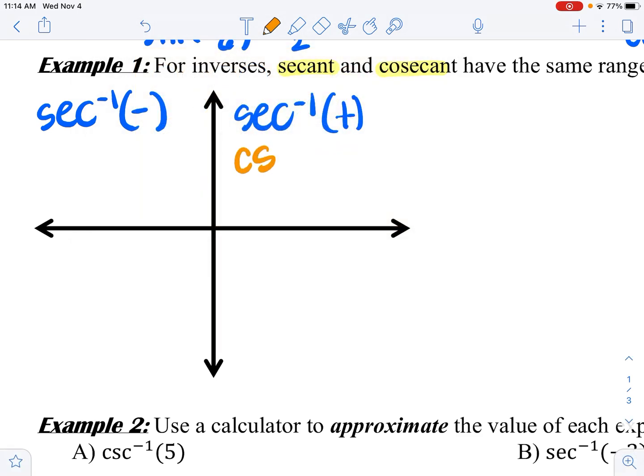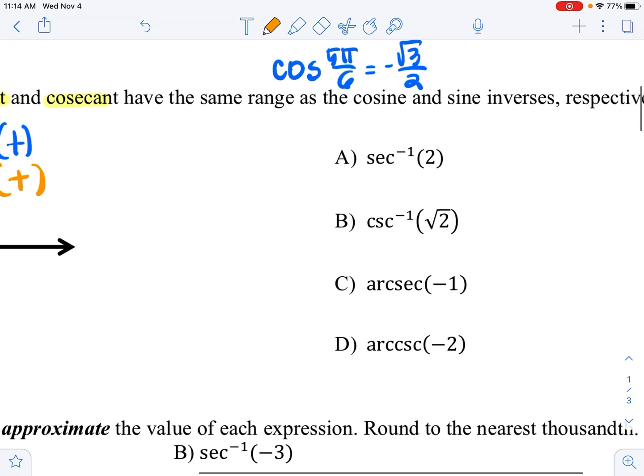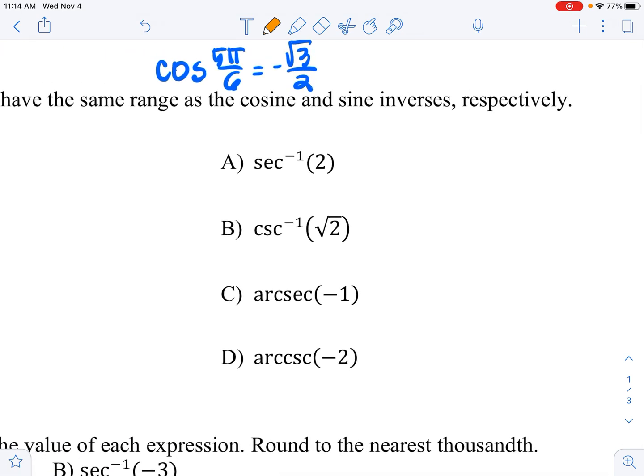Cosecant is the inverse of sine. Where is sine inverse defined? That's quadrants 1 and 4. So that means cosecant, if it's positive, will be in the first quadrant. If it's negative, it'll be in the fourth quadrant. Okay, so let's try a couple of these. It's a review basically of yesterday, okay?